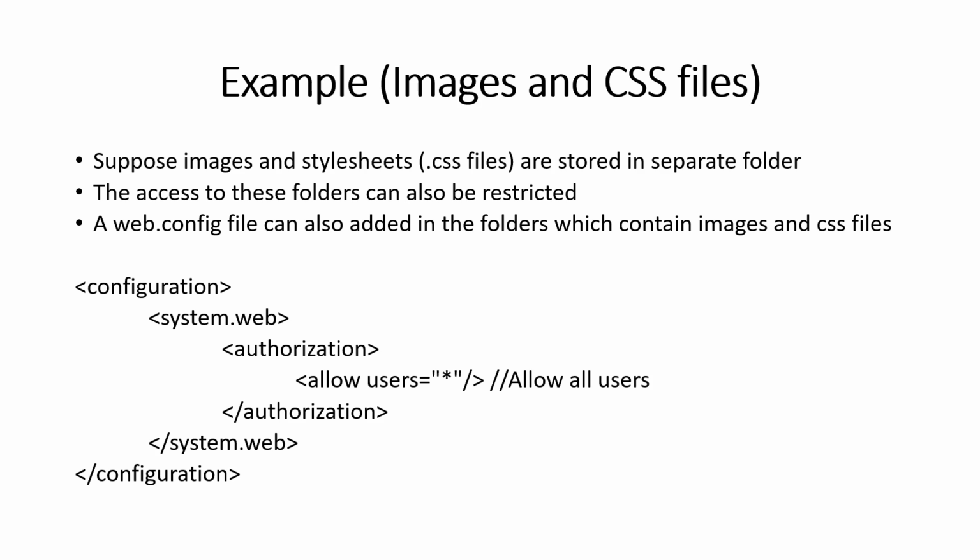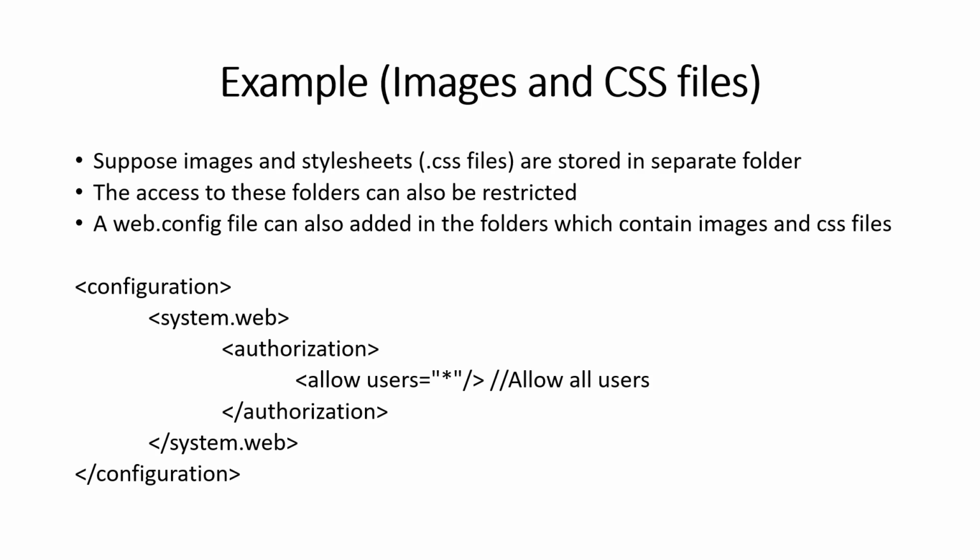Suppose we have specified allow rules for some authenticated users, and users can log in and they will be redirected to their profile page, for example. However, in nearly all applications, we store images and CSS files separately. Generally, all the images are contained in the images folder, and CSS files are contained in some other folder, like an assets folder or any other folder.